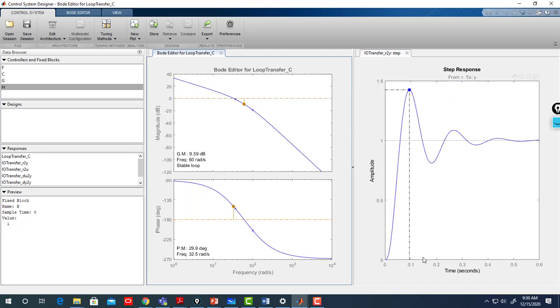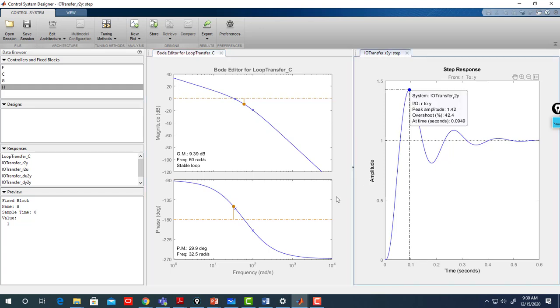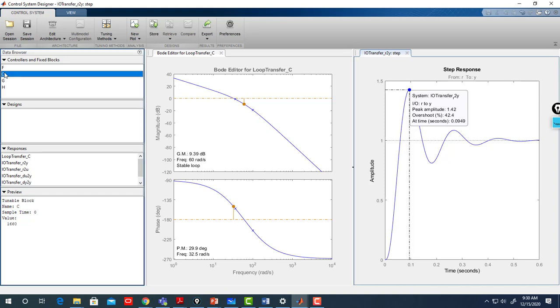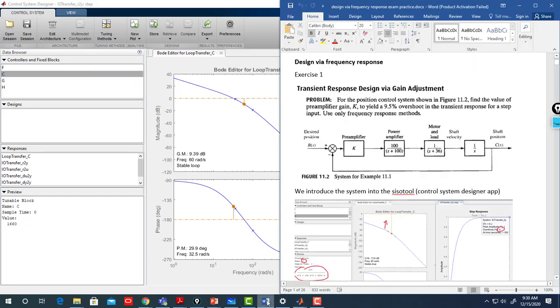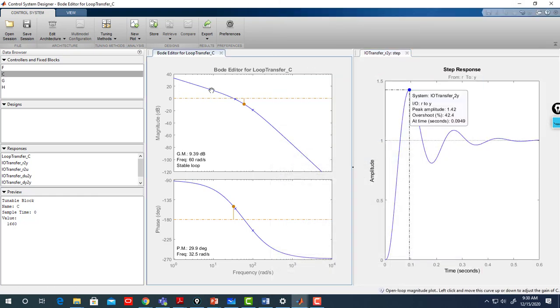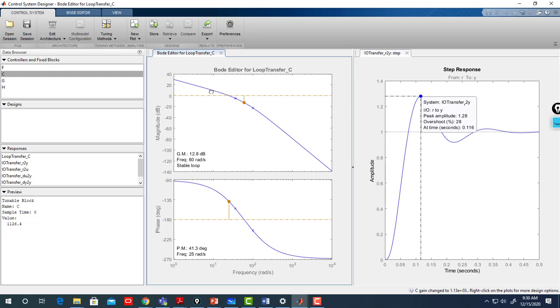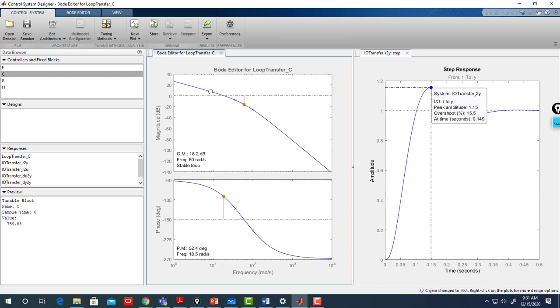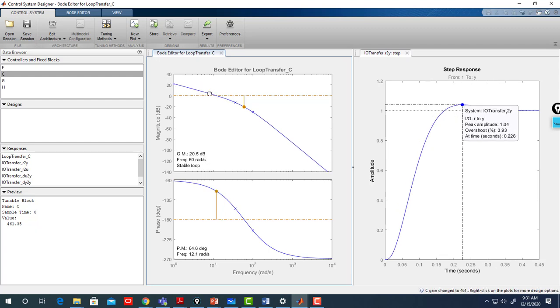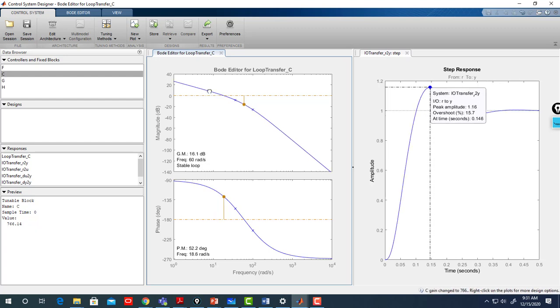The system is getting faster, and now you have an overshoot of 42. So again, let's refresh. 9.5 overshoot. So then go down, click and drag, 9.5, so 15.